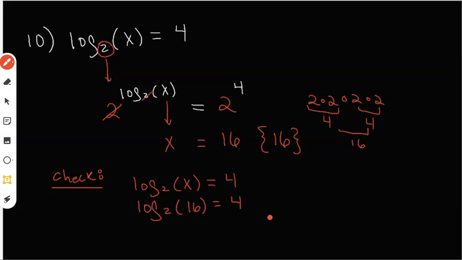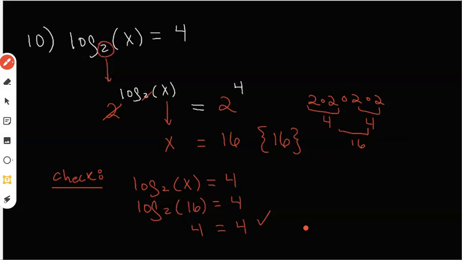The only side I can simplify is the left side. Logarithm base 2 of 16 is asking me what exponent should 2 have to get to 16, and that's going to be a 4. So I get 4 is equal to 4 at the end. So that is how you check it once you know what the solution is. You just plug it back into the original problem.